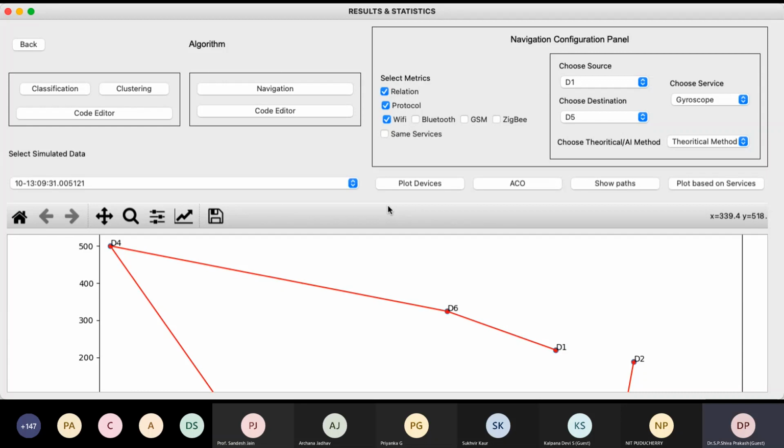This particular simulator that we have developed is specifically meant for the Social Internet of Things, because in the existing simulators we don't have the flexibility to add relationships, since SIoT is defined based on the relationship between the devices.